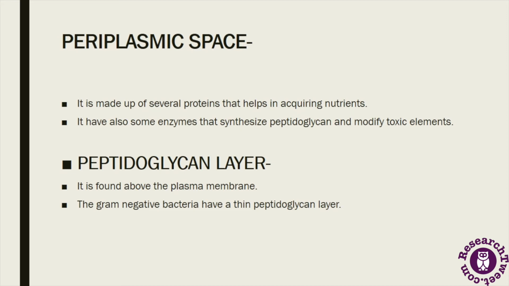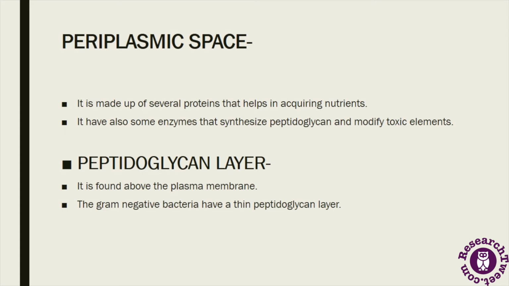This space is made up of different types of proteins, and these proteins are helpful in acquiring several nutrients for the cell and also hydrolytic enzymes. They also have some enzymes which can synthesize the peptidoglycan, which is also a component of the cell wall, and they also modify several toxic elements to protect the bacterial cell.